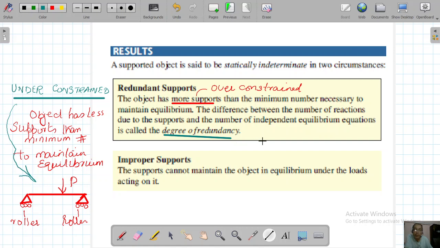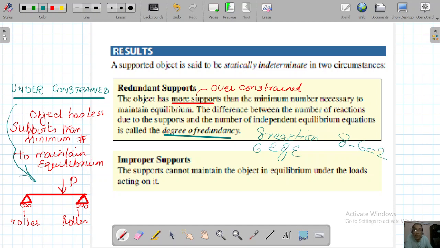So what does it mean? It means that if you have, for example, 8 reactions because of the supports in 3D, and you have 6 equations of equilibrium, then the degree of redundancy will be 2, since 8 minus 6 is equal to 2.